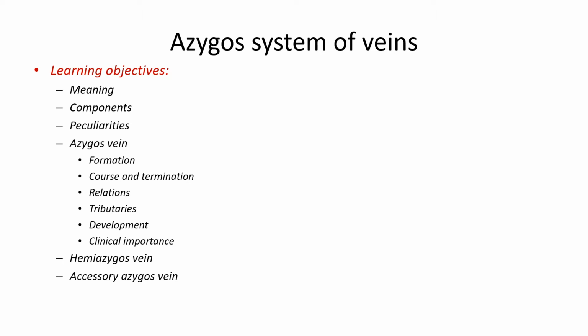The Azygos vein, hemiazygos vein and accessory hemiazygos vein will be discussed under the subheadings of formation, course and termination, relations, tributaries, development and clinical importance.